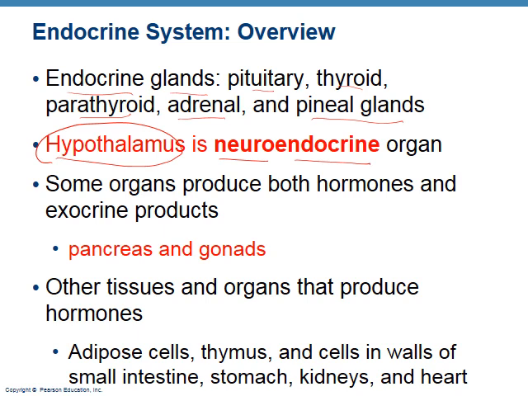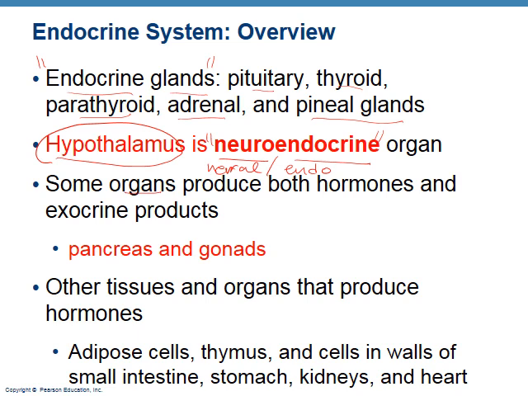So they're trying to separate these for you and be a little bit more specific. Instead of just calling all of these endocrine glands, they want you to know that some of them are strictly endocrine glands and some of them have dual functions. So this is telling you the hypothalamus is part neural and part endocrine. It has two different functions, and you'll see why.